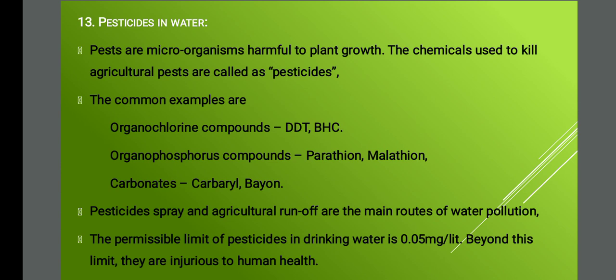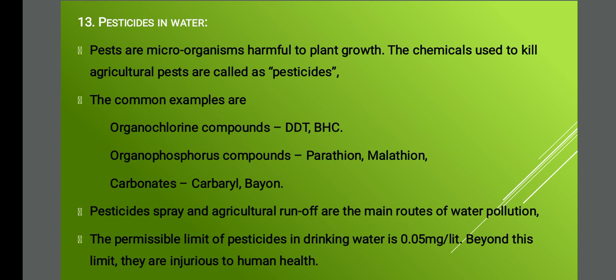BHC is benzene hexachloride. These are the two organochlorine compounds used to kill pests. Then organophosphorus compounds are parathion and malathion, and carbamates are carbonyl and baygon. So these are the different pesticides used to kill pests.